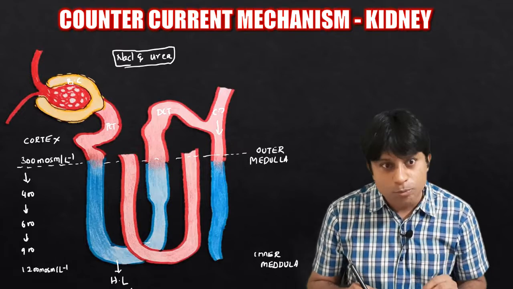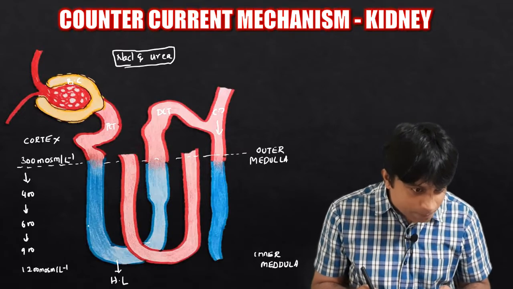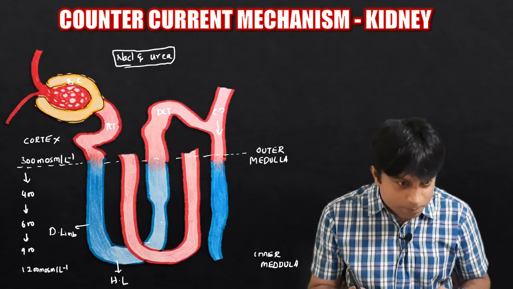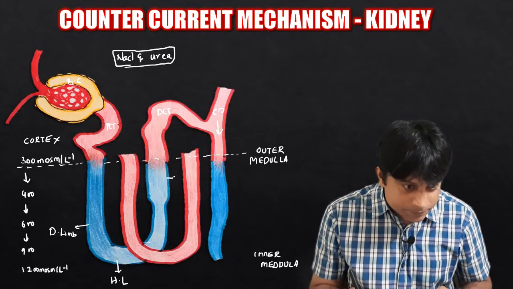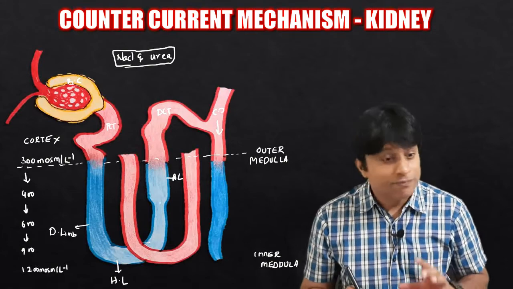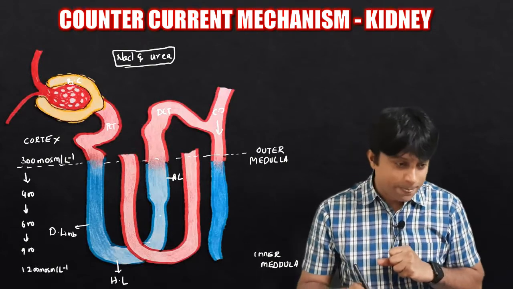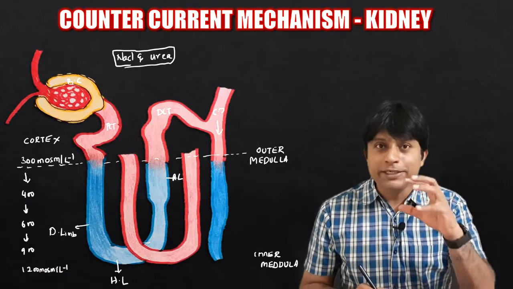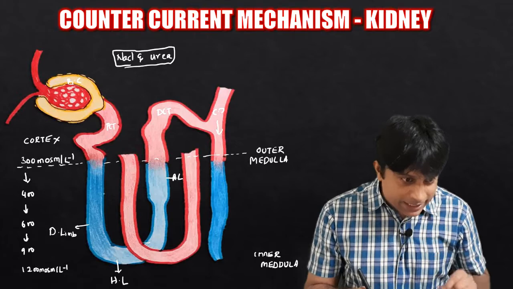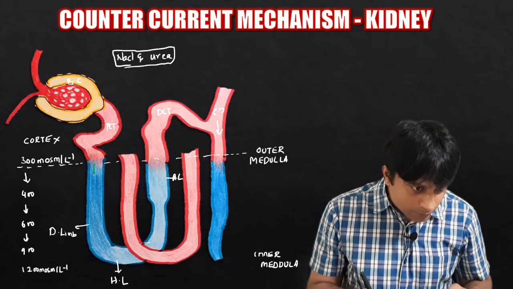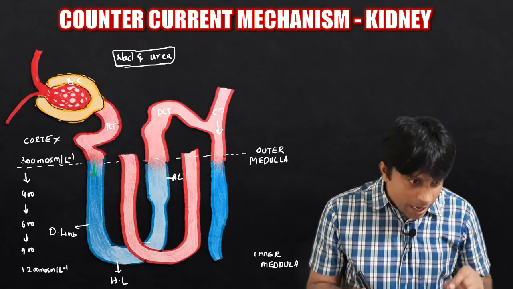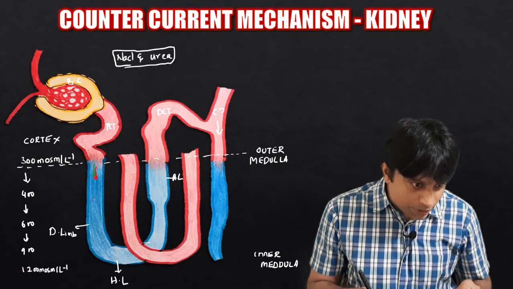Now this is Henle's loop, and this part of the Henle's loop is called the descending limb. Right? Now this part of the Henle's loop is the ascending limb. Just look at the diagram carefully. When you notice the movement of renal fluid in the descending limb, the renal fluid moves all the way from outer medulla to inner medulla.